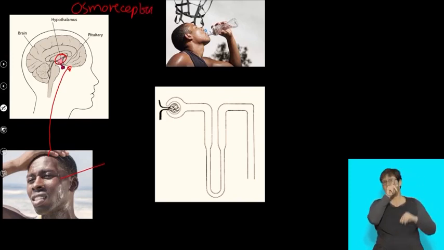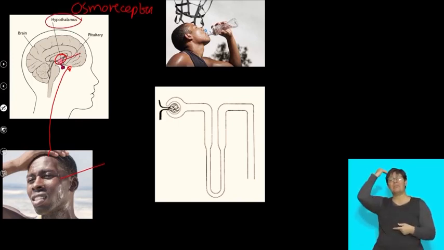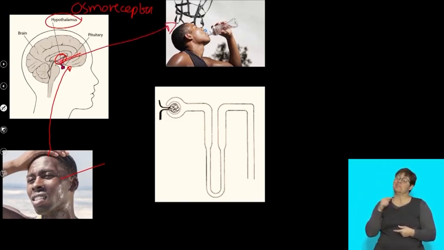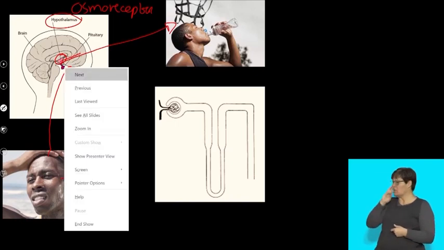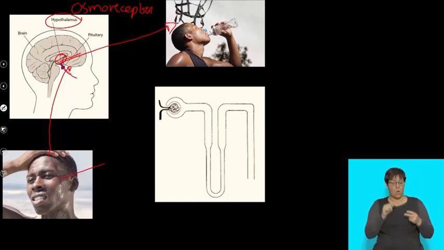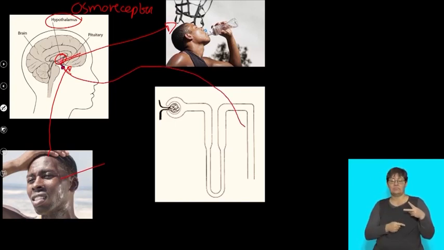And it says to this guy, all right, listen here, dude, two things. Number one, the brain, the hypothalamus, the thirst center, says to this guy, drink water. You need water. I'm making you thirsty. Drink. It also sends this hormone, ADH, and this hormone goes to the collecting tubules.